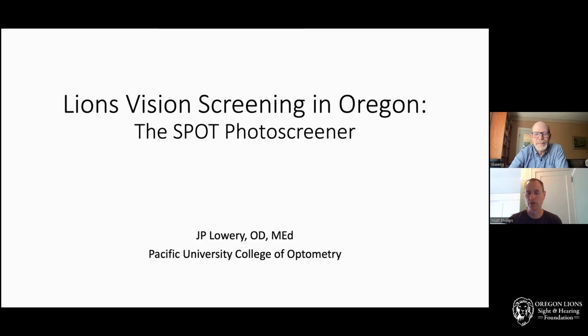So I was pretty excited when the digital photo screeners came into production, because that now gives us a chance to really automate the process of screening, making it much more efficient, and also capturing kids who have vision problems and need to be detected. And it does it objectively, which is the really nice thing.